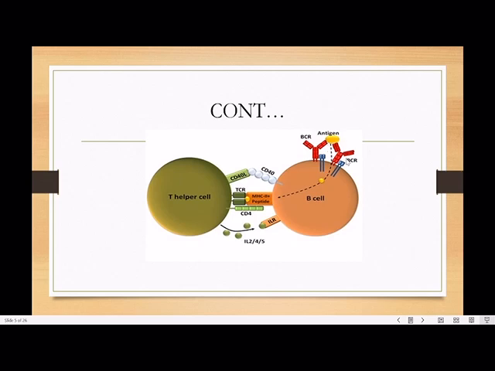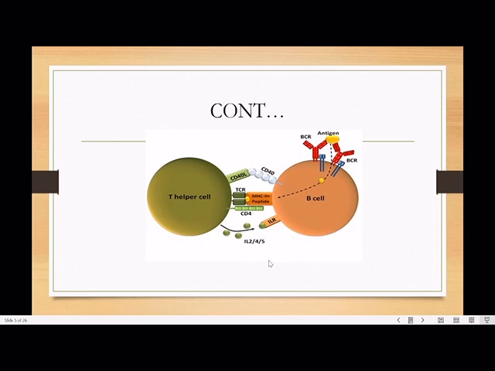After binding, the antigen travels into the B cell, whereby it will form the MHC peptide complex. The B cell will also present the CD40 co-stimulatory receptor. Here is the receptor where we see the CD40.